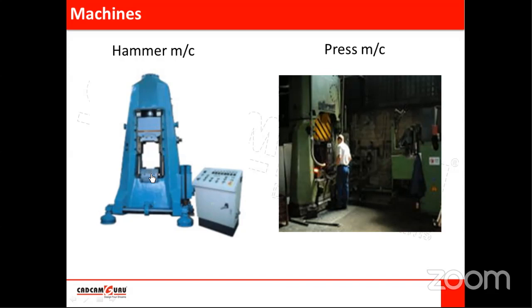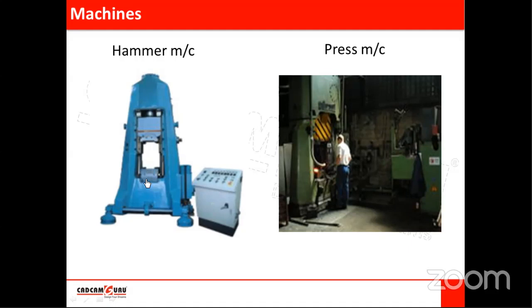So this is the hammer. Here there is impact loading. This is coming down at some speed and applying force on this component, which is kept here. Here there is a lower die, and here there is an upper die mounted on the ram. This is the ram and this is the upper die.